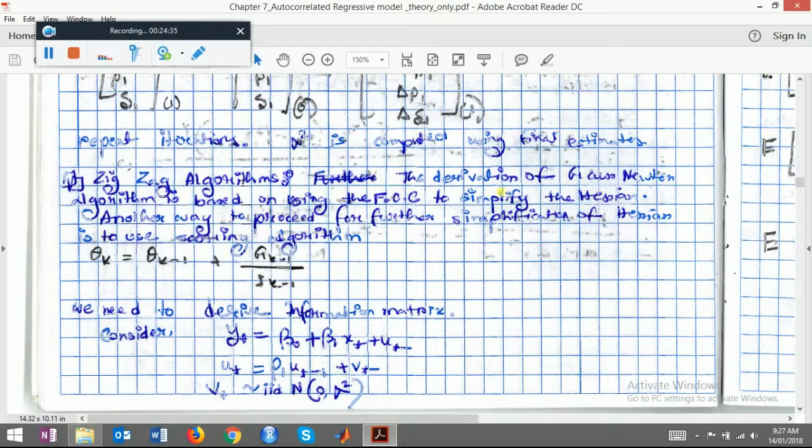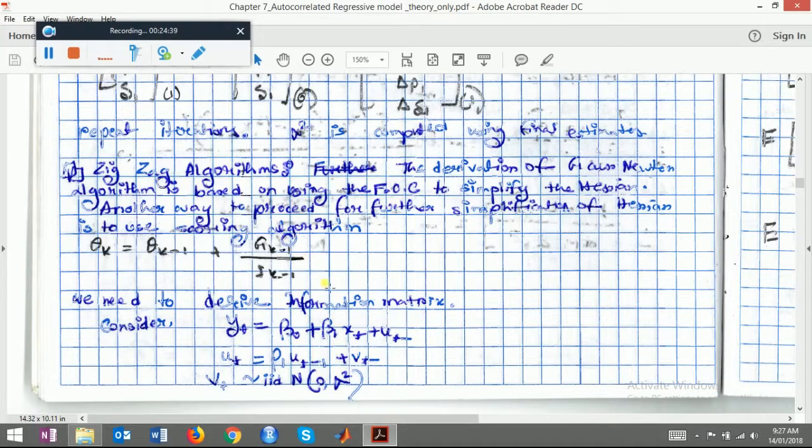Another way to proceed for further simplification of the Hessian is to use the scoring algorithm.